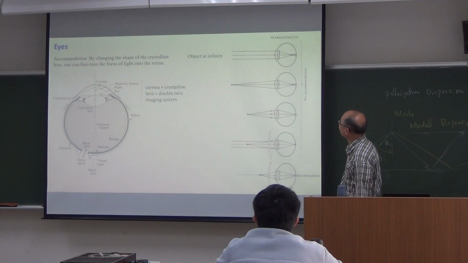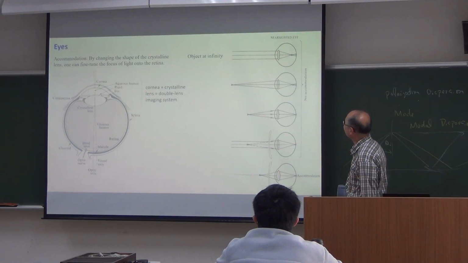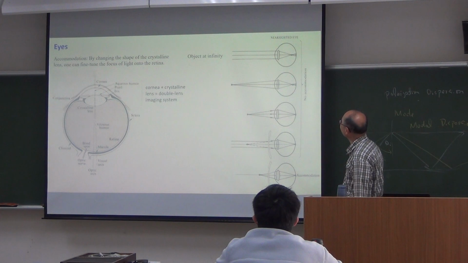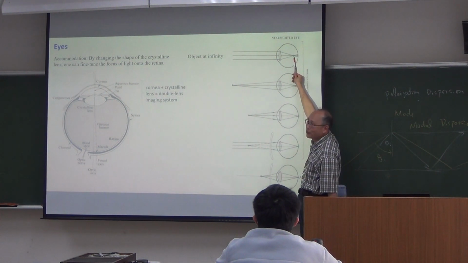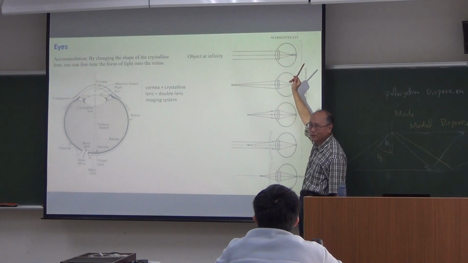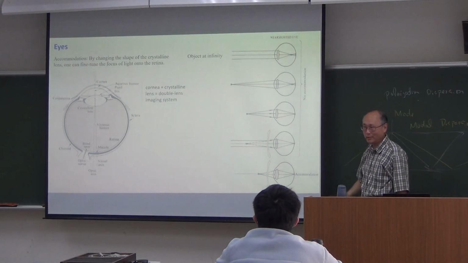But when you become a nearsighted eye, the image is going to be formed here in front of your sensor, before your sensor plane.